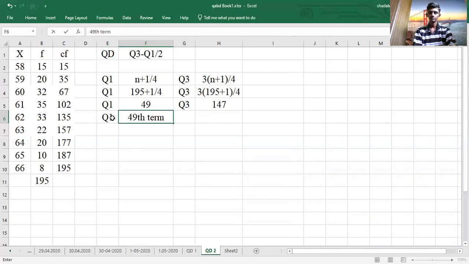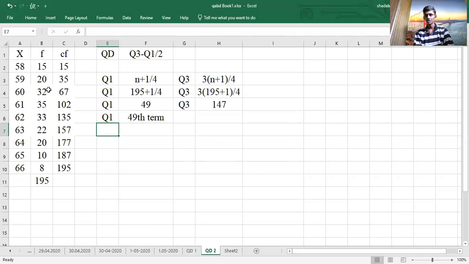Where is this 49th term lying? If you observe carefully, in a discrete series we have to look at the cumulative frequencies. Coming back to the cumulative frequencies, just look where this 49 is lying. It is lying between 35 and 67.